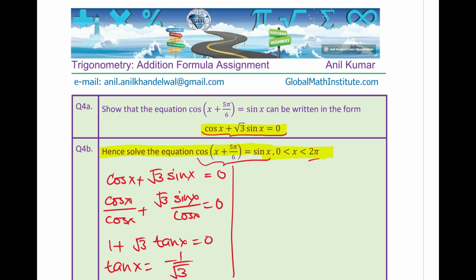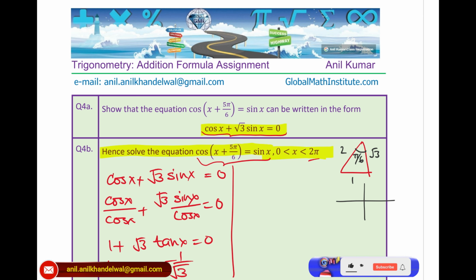Since tan x is 1 over square root 3, looking into our special triangle, which is right there for you, 1, 2, square root 3, opposite over adjacent, so it is pi by 6. So we know that the acute angle is pi by 6.